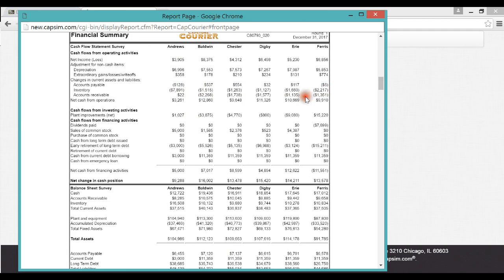Here's 2 million. So I probably have way more inventory than I need. So when I make my decisions for round 3, I'm going to try to decrease my inventory, A, so that I can get more cash, and B, so that I can align better with the competition.